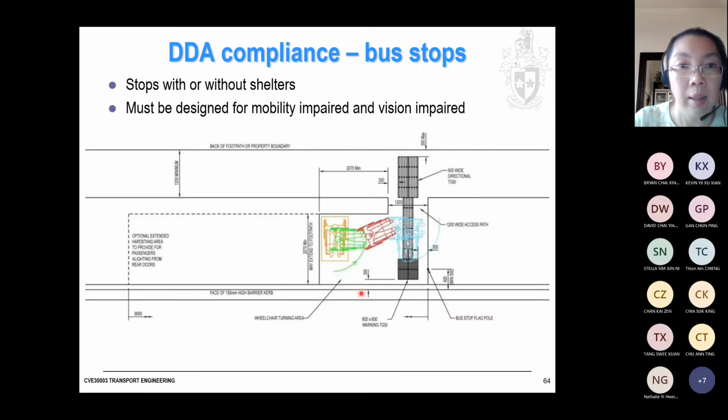Okay. So for bus stops, likewise as well. So you have this, this is the bus area, bus bay, and then you have this hazard. Okay, this is the directional tactile indicator.